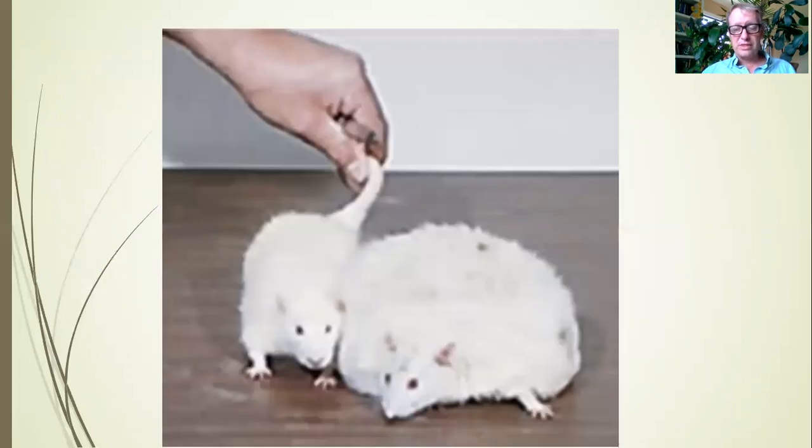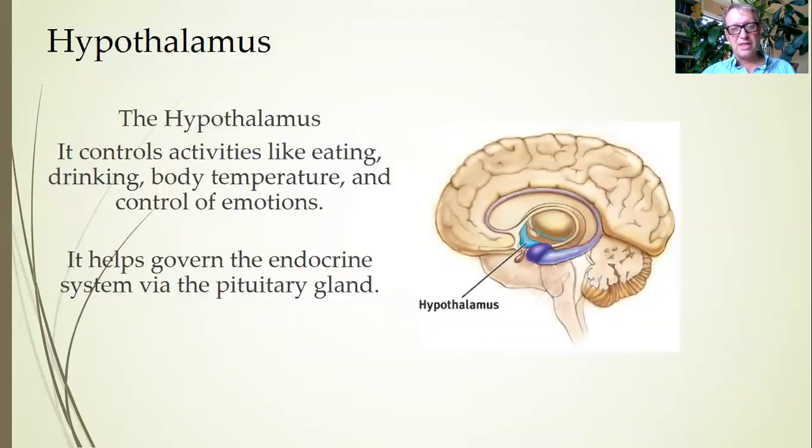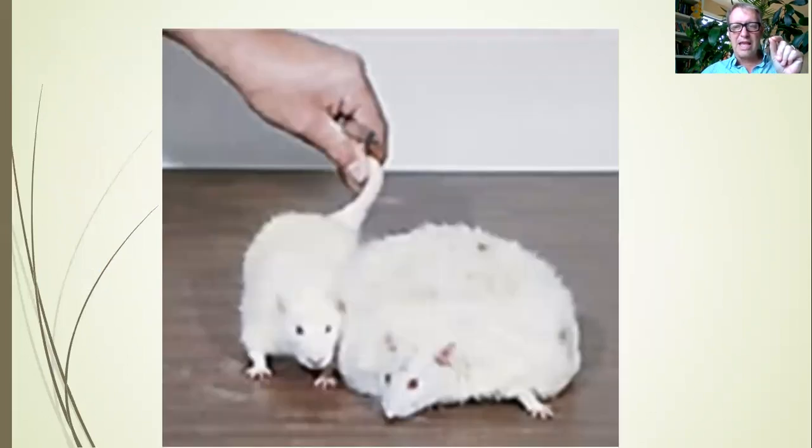All right. This is a picture of two different rats. What they found when they were doing studies with these rats, for the hypothalamus, they cut up one section for one rat, and if it was given access to food, it could not stop eating. So the hypothalamus has in it a structure that says stop eating.